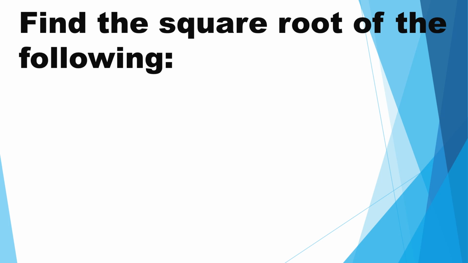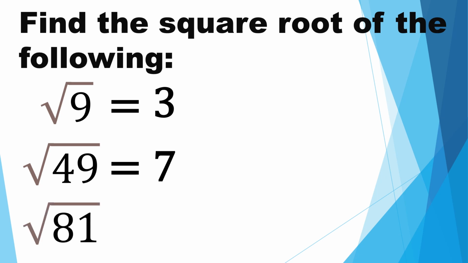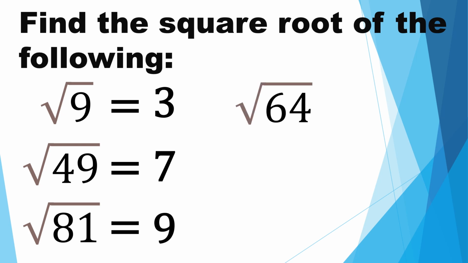Find the square root of the following. Square root of 9 is equal to 3. Square root of 49 is equal to 7. Square root of 81 is equal to 9.